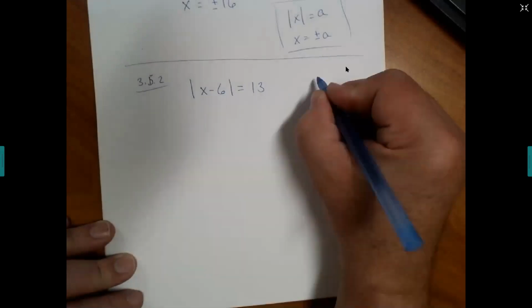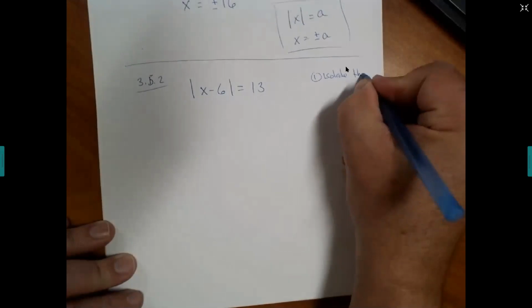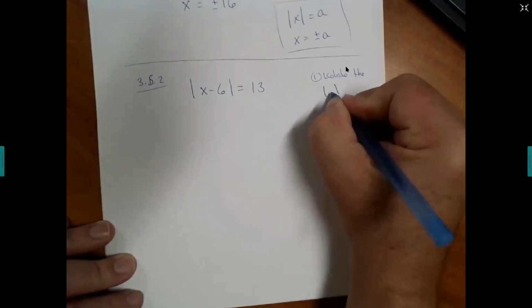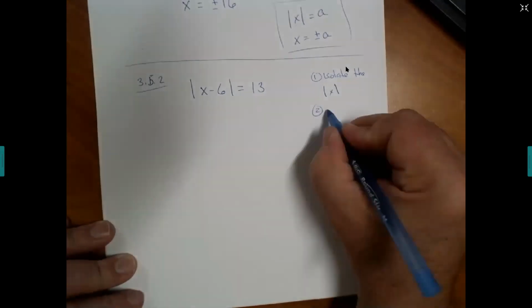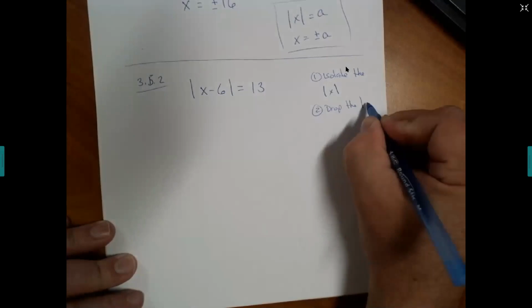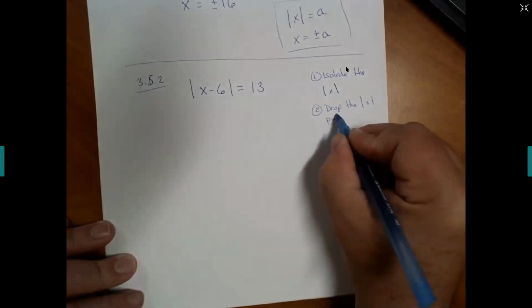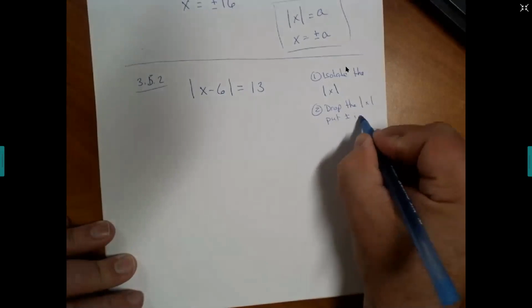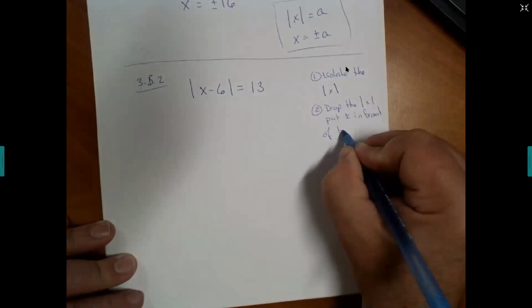So the first step is isolate the absolute values. Drop the absolute values. Put plus or minus in front of the answer.